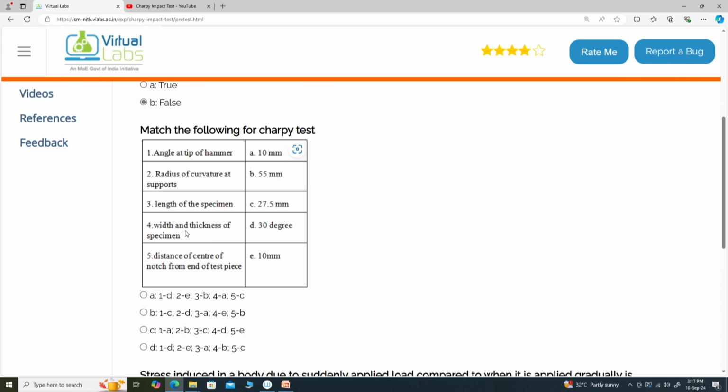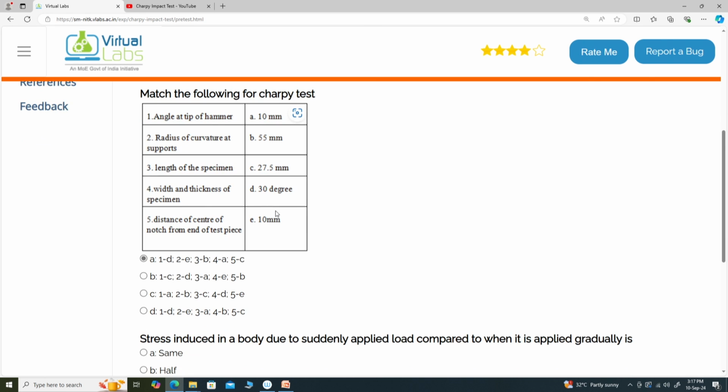So 3 is matched with B. So the answer should be A, in which the angle of the tip of the hammer is 30 degrees, the radius of the curvature at the support is 10 millimeters, the length of the specimen is 55 millimeters, the width and thickness of the specimen are 10 millimeters each, that is a square cross section, and the distance of the center of the notch from the end of the test piece is 27.5 millimeters, which is half of the length of the specimen. This is 55 by 2.